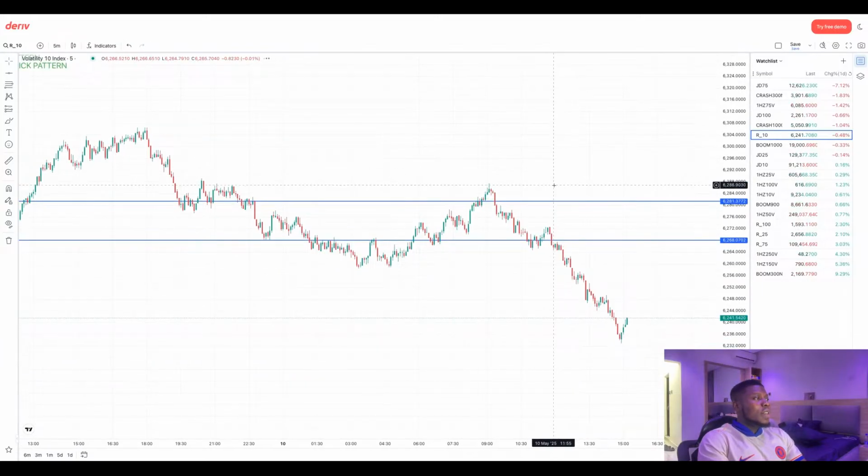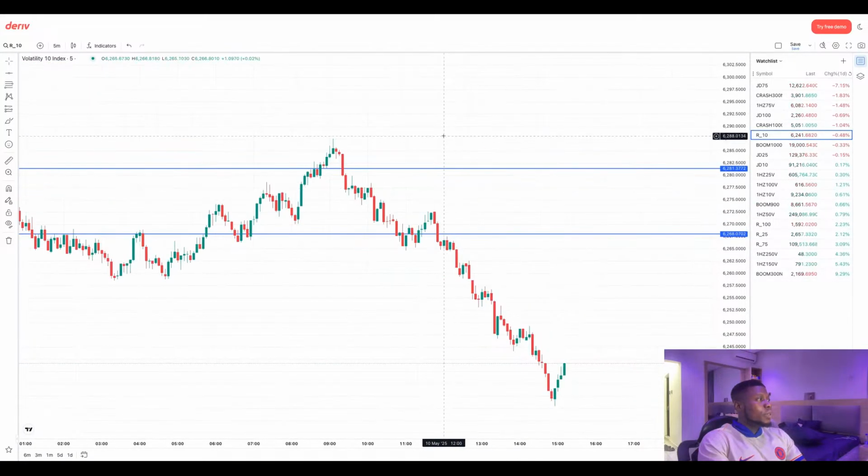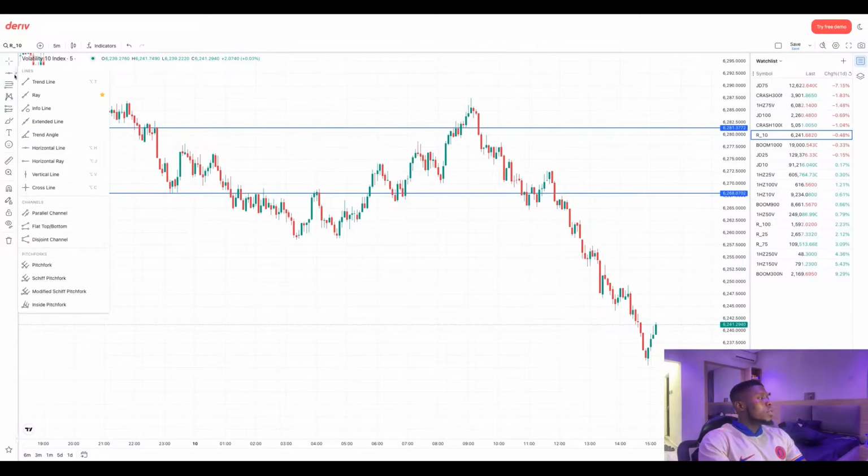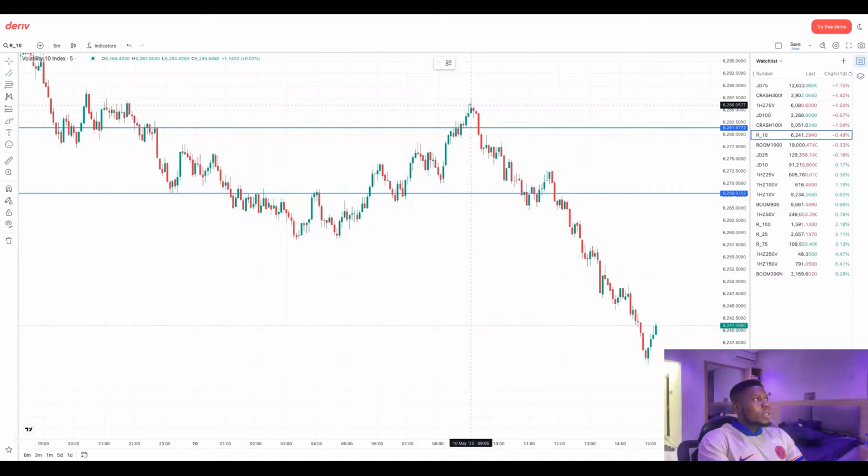So having gotten my guide, you use your parallel channel as always, and make sure you're using the swing before the cycle supports if it's a downtrend.